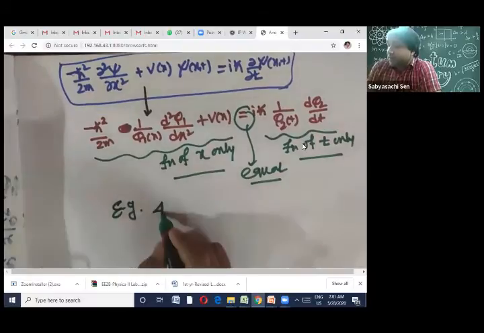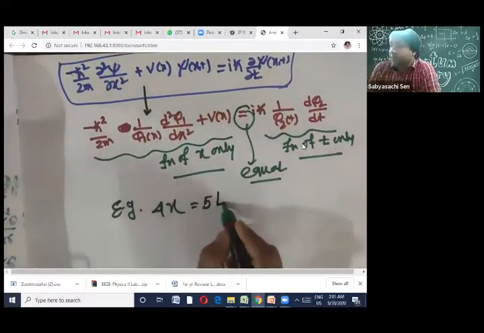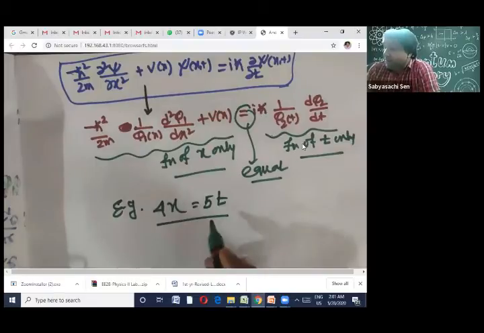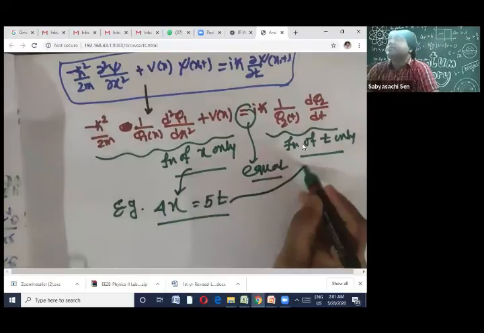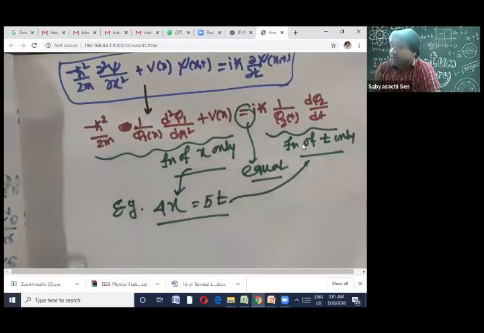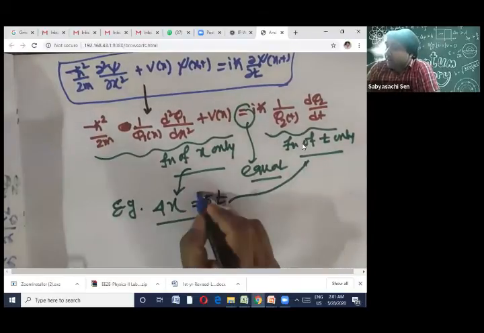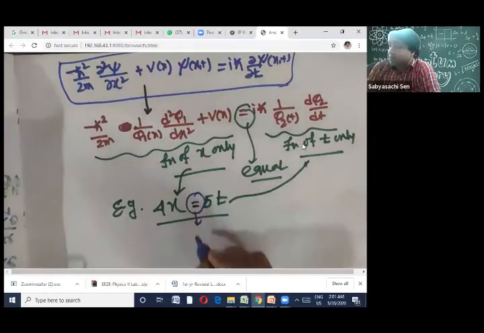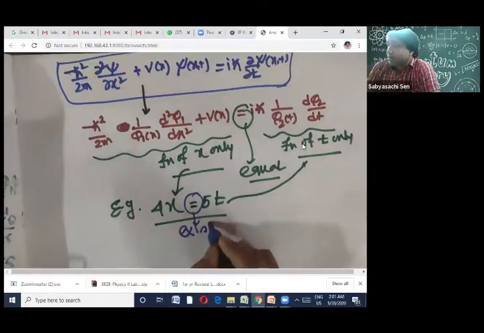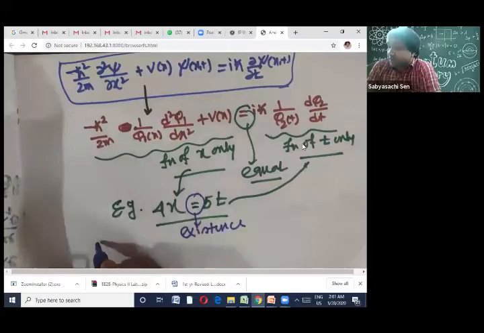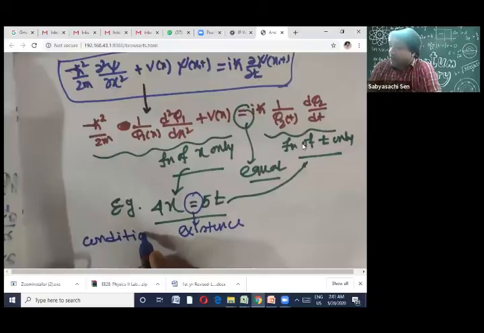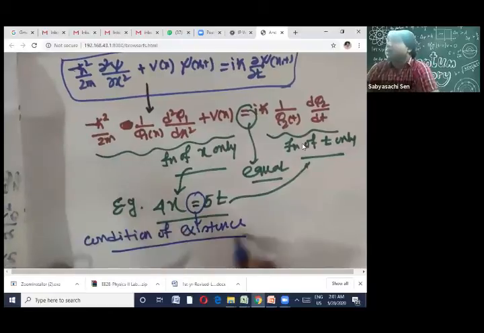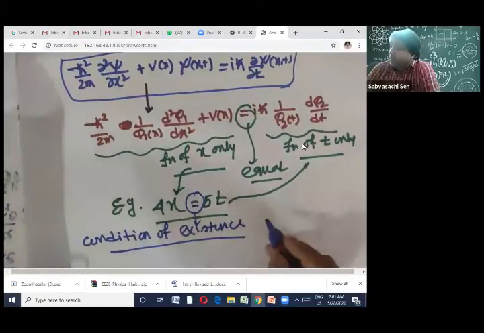4x equal to 5t. Here also, the left-hand side depends on x, the right-hand side depends on t. Very similar situation. The question is, what is the condition of existence of this equal sign? When will this equal sign exist? The answer is this much.